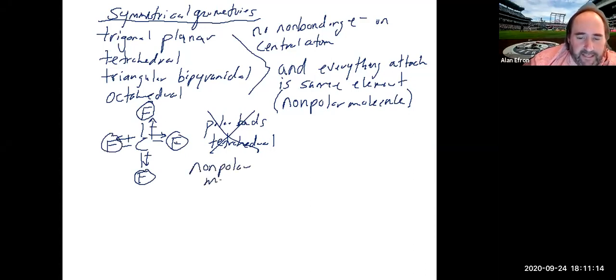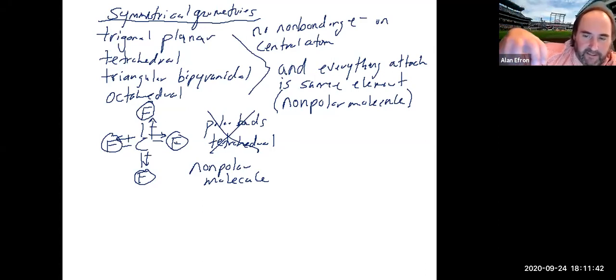And that is because, again, I won't attempt to draw it correctly in three-dimensional space, but if you drew this guy in three-dimensional space correctly, all 4 of those fluorines are equal and opposite of each other, and they will cancel each other out. So again, it's like 4 guys pulling on 4 corners equally on a rope. The rope is just going to get tight in the middle, and nothing's going to move because everybody's pulling equally on the outside.